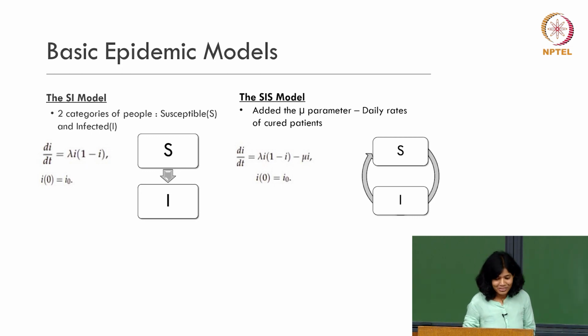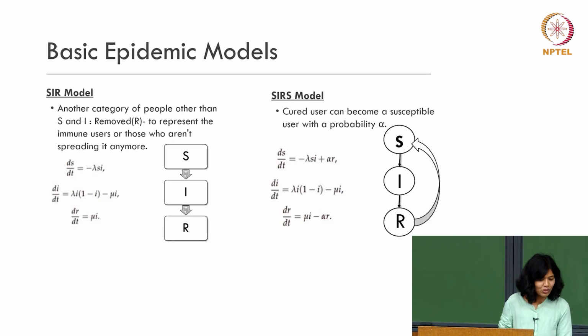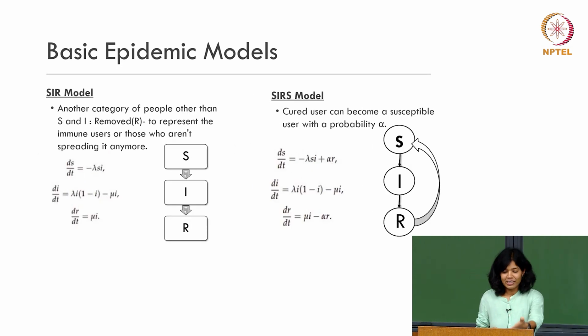Okay, so like he spoke in the morning, there are two state models, and then there are extensions of these. From SI, now we will go to SIR. SIR is susceptible, infected, recovered. Then came SIRS models, which again have three states, but from recovered you can go back to susceptible. Like your coronavirus, COVID.